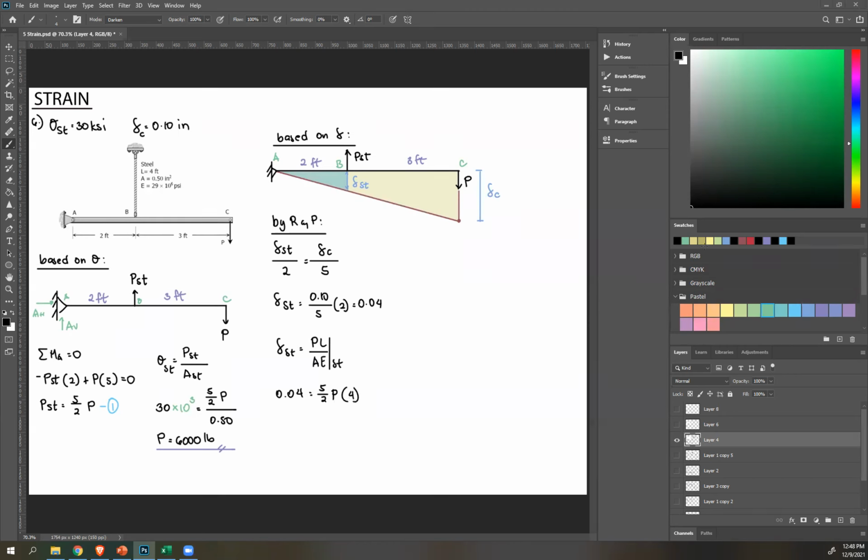Again, I want to convert that to inches, so times 12. All over cross-sectional area, 0.50. And then 29 times 10 raised to 6 for E. PSI, so no need to convert. From this, please solve what's P.